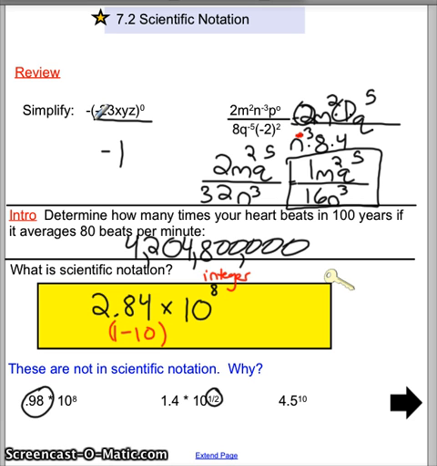Well, our problem there is, where's the multiplying by 10? I don't see anywhere where you're multiplying by 10 to some exponent. So that is why that one is, again, not scientific notation. Okay, so there's a brief little overview about what scientific notation should look like. Identifying if something is actually in scientific notation or not.